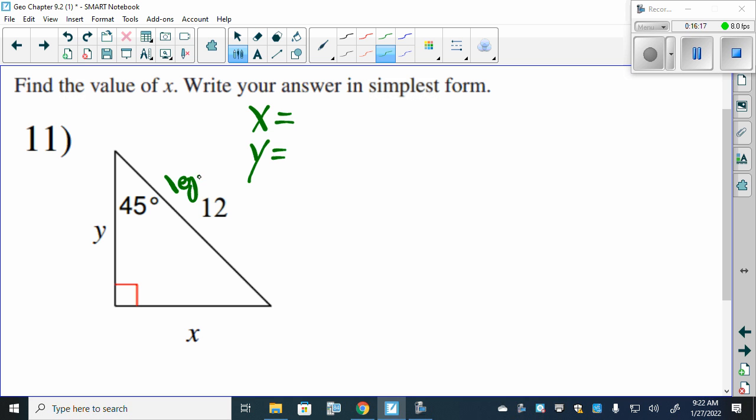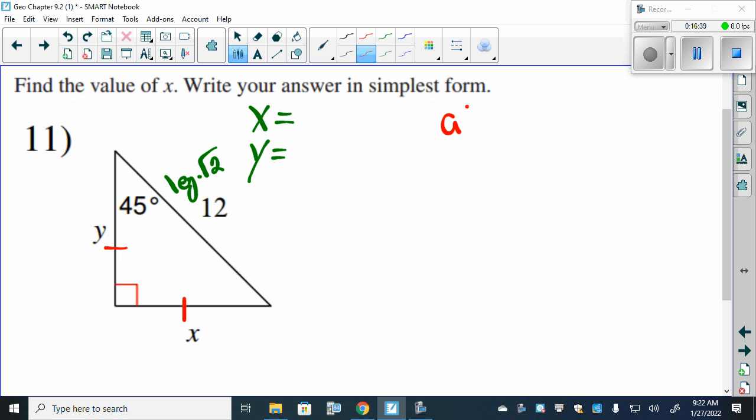Leg times the square root of... well, do we have a square root of 2? Okay, so let's go back to what we were doing before. We know that y and x are going to be the same. They're going to be the exact same value.